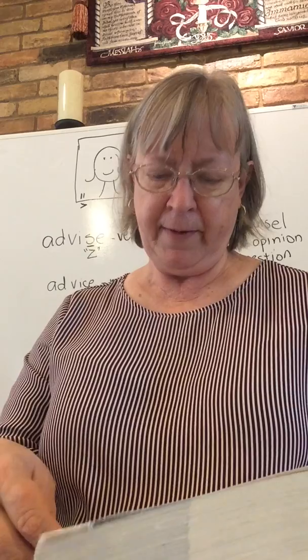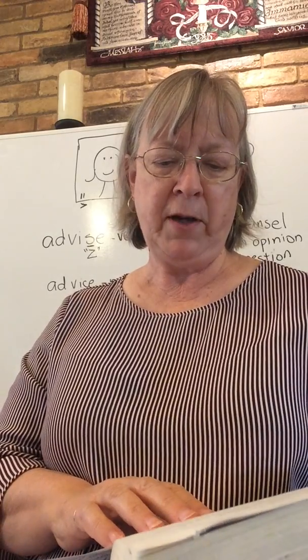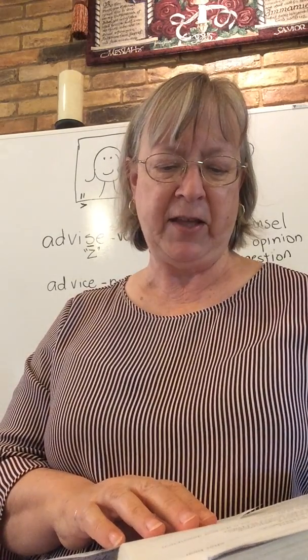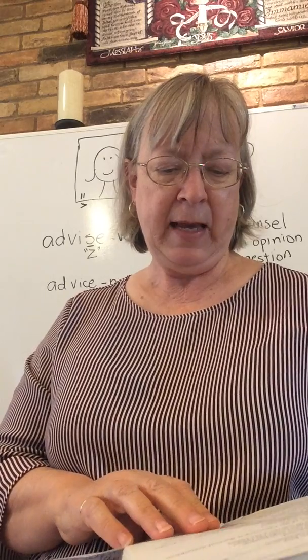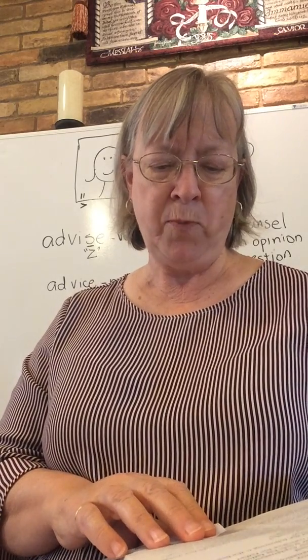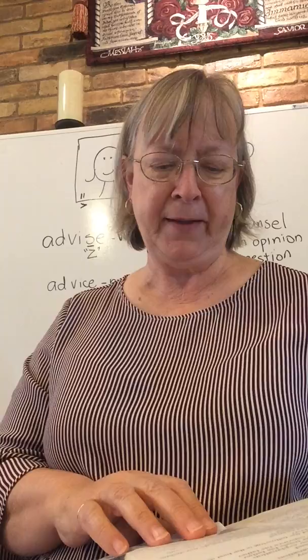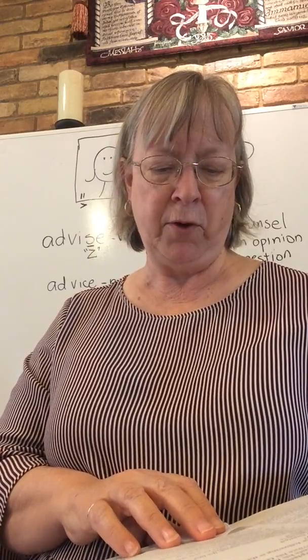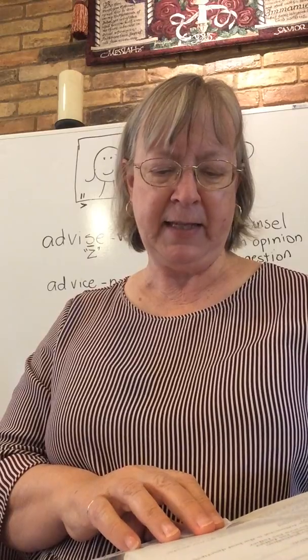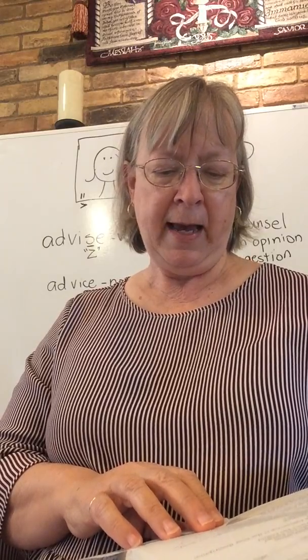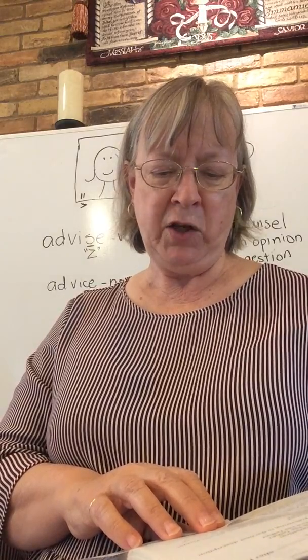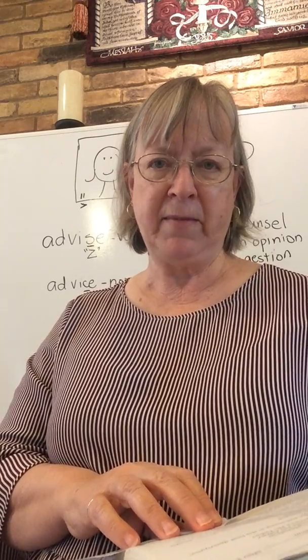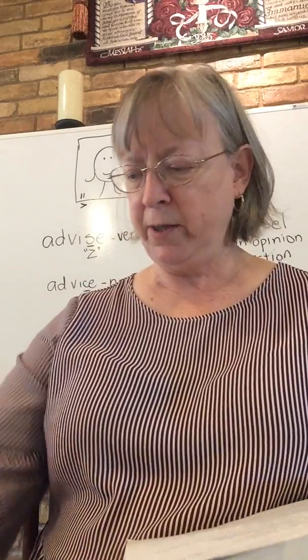Number 5. Which of the following statements fits the theme of the story? A, false hopes will not get you anywhere. B, dreams really can come true. C, adults cannot see what children see. And D, morning and youth are full of possibilities. I thought this was actually the hardest question.